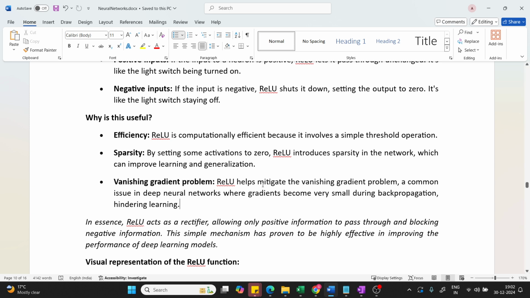The vanishing gradient problem is a common issue in deep neural networks where the gradient becomes very small during backpropagation, and ReLU removes it.